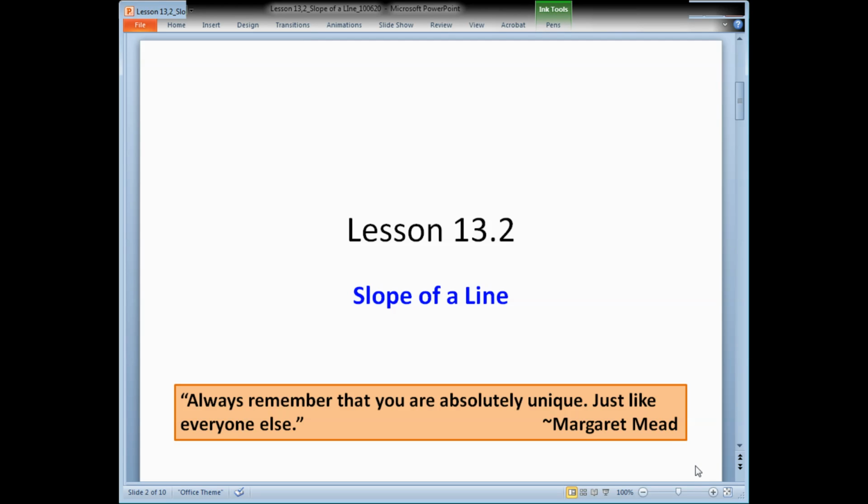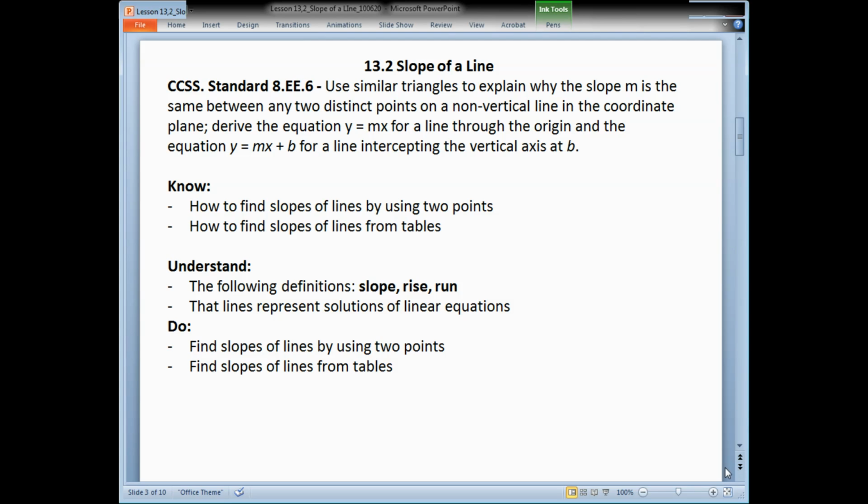Okay, so let's get started with this lesson. This won't take very long. We have our Common Core standards, this is the Common Core standard that covers slope.